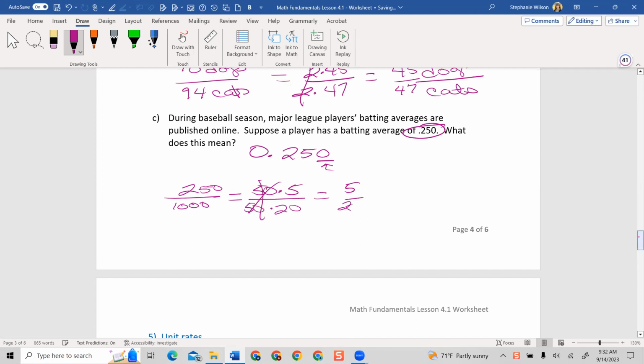It reduces by 5. So I get 5 times 1 over 5 times 4, and it reduces and leaves me with 1/4. So this is telling me that the batting average is 1/4 based upon the online batting average information it was giving.